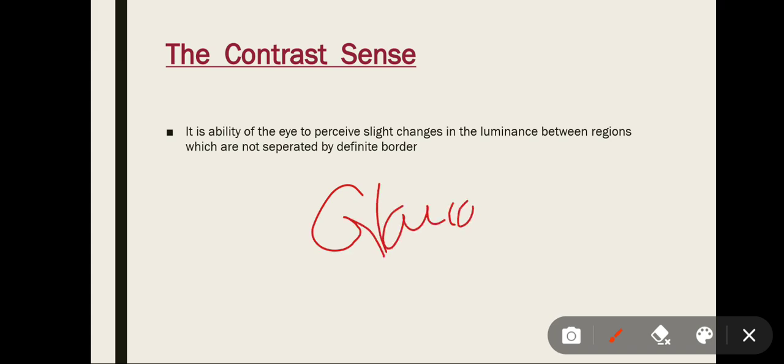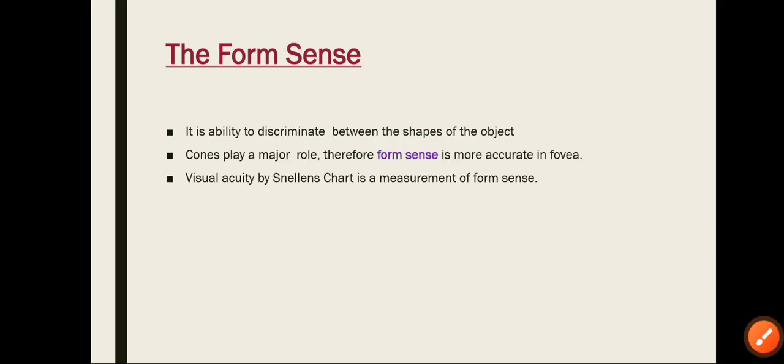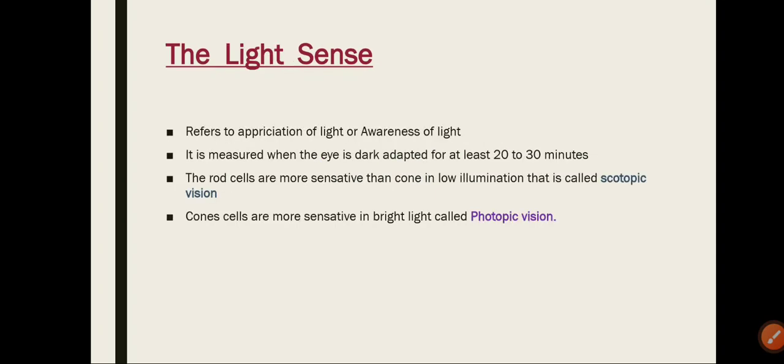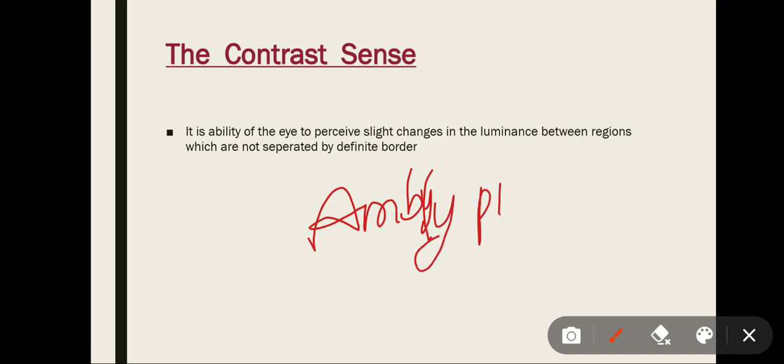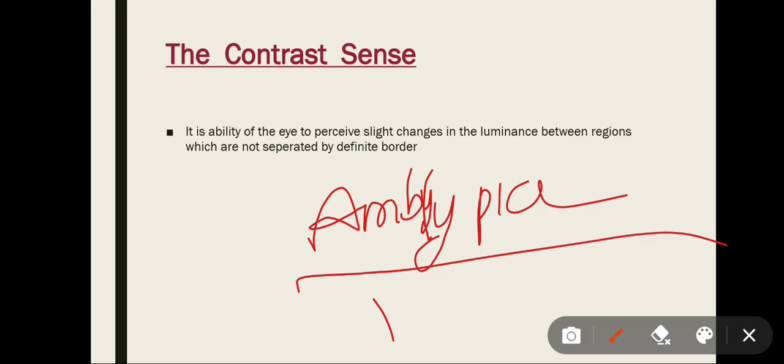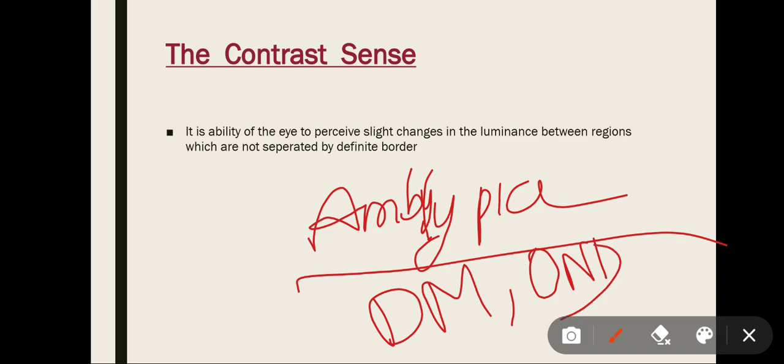Contrast sensitivity is affected by various factors like age, refractive errors, glaucoma, amblyopia, diabetes, optic nerve disorder, and lenticular changes.